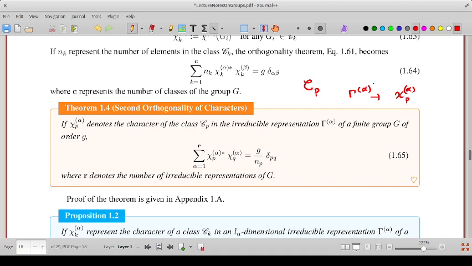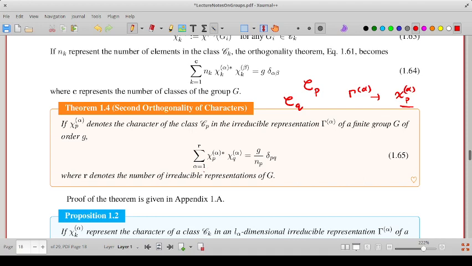So now we consider all irreducible representations of the finite group G, and then consider the characters of classes Cp and say some Cq. Then take the product chi P alpha star, then chi Q alpha, then take sum over alpha.